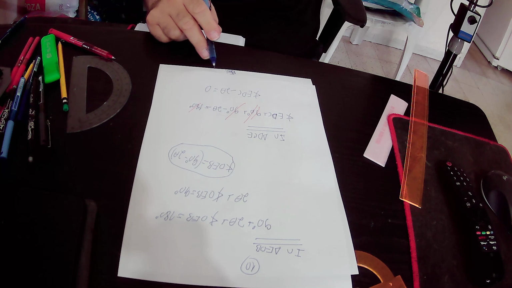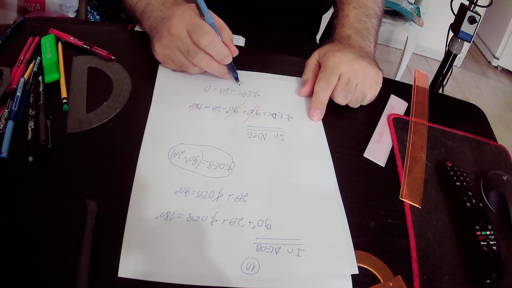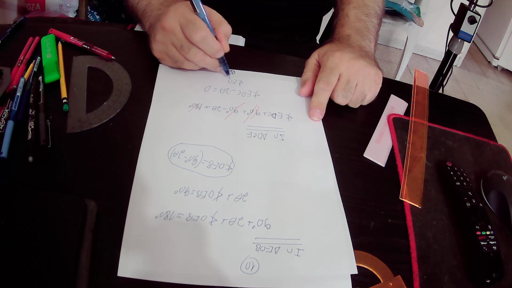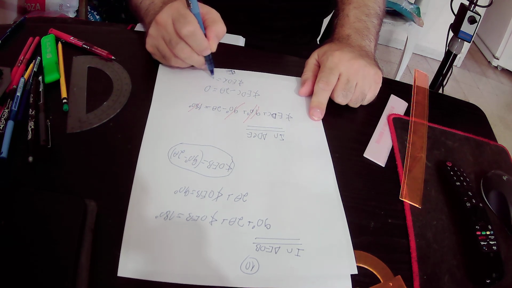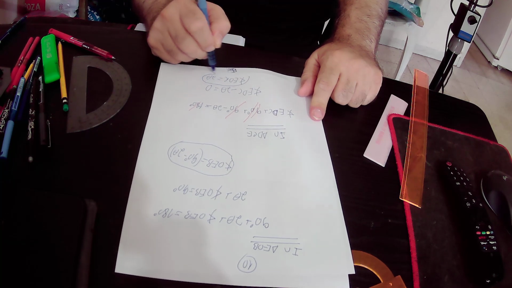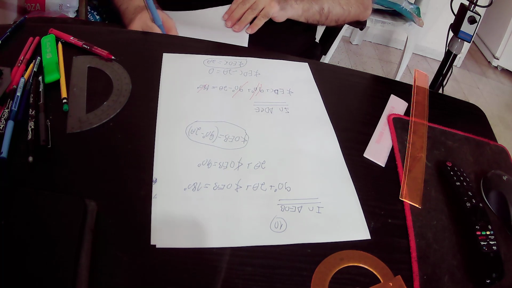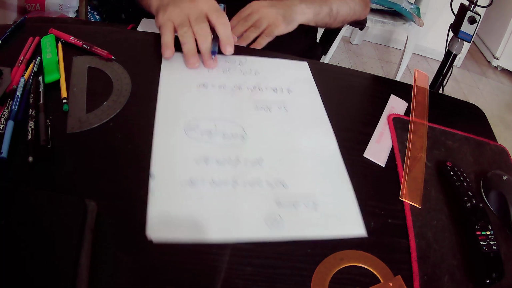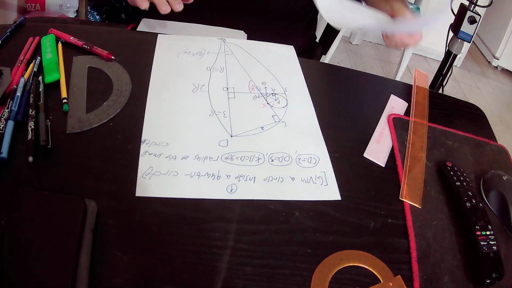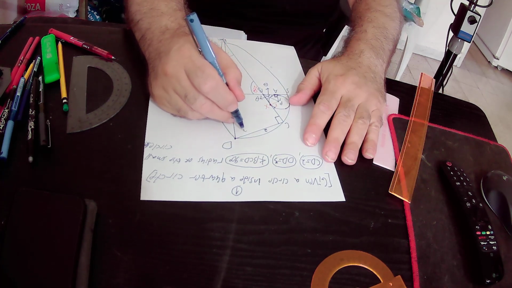So here we will add 2 theta to this equality, and we will get that angle EDC equals 2 theta. So we found out that angle EDC, this angle, equals 2 theta.